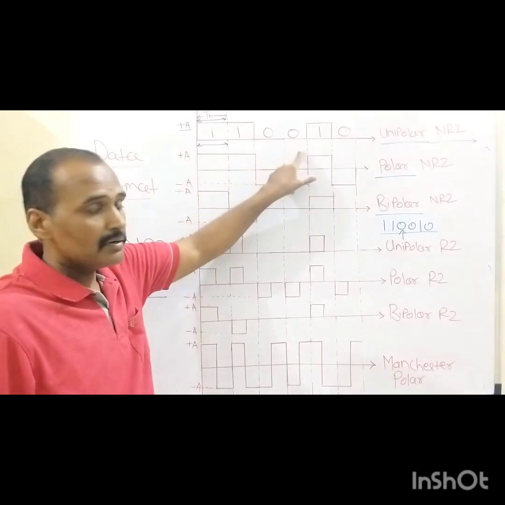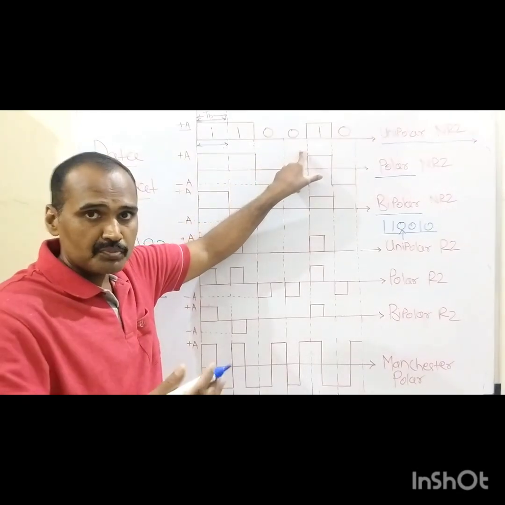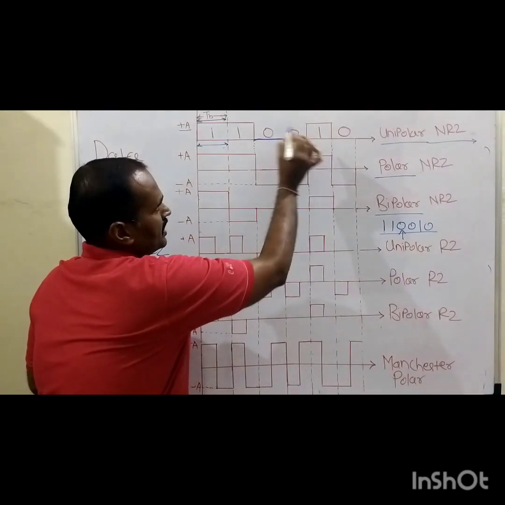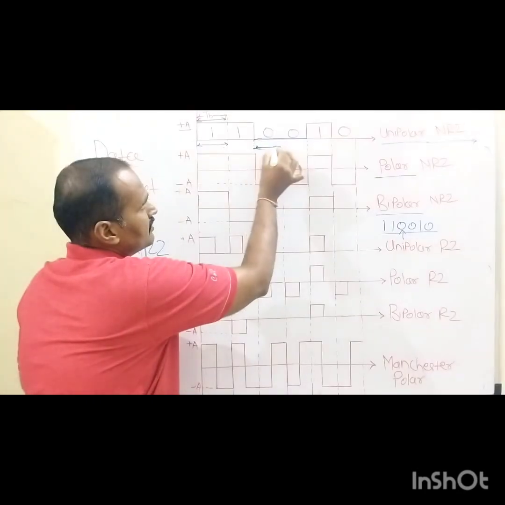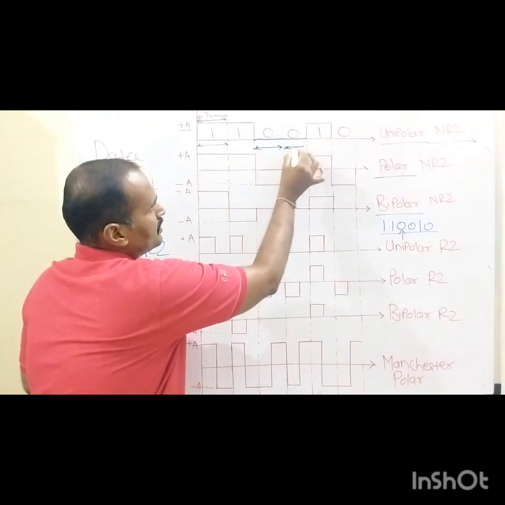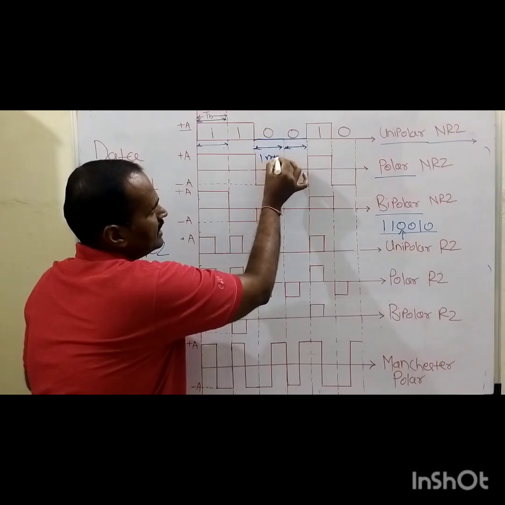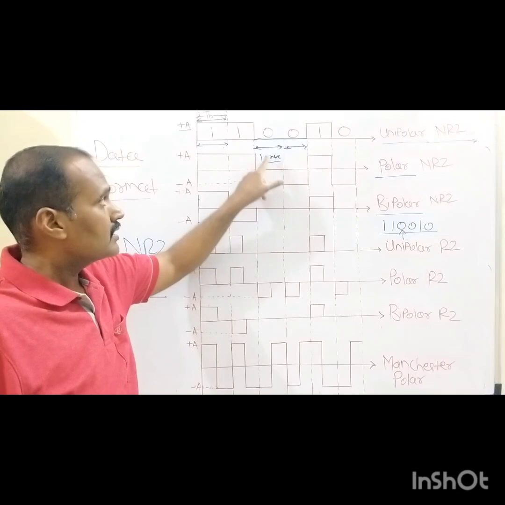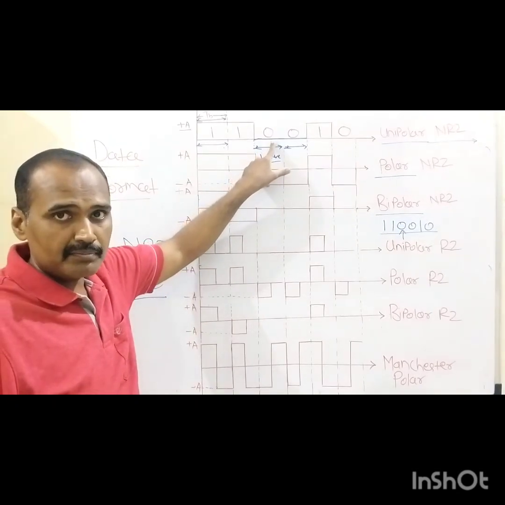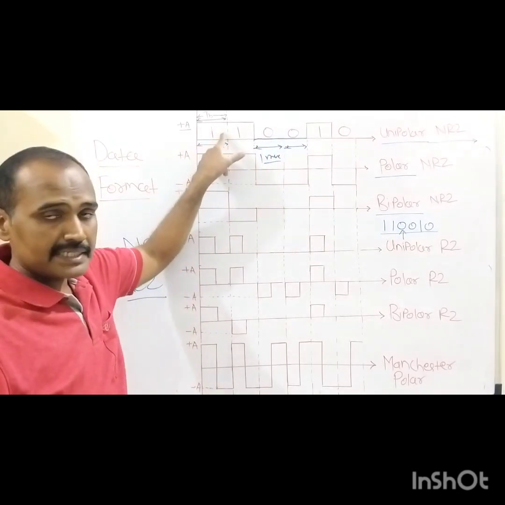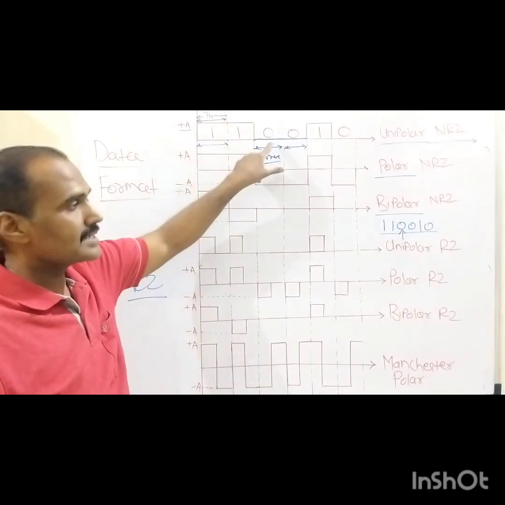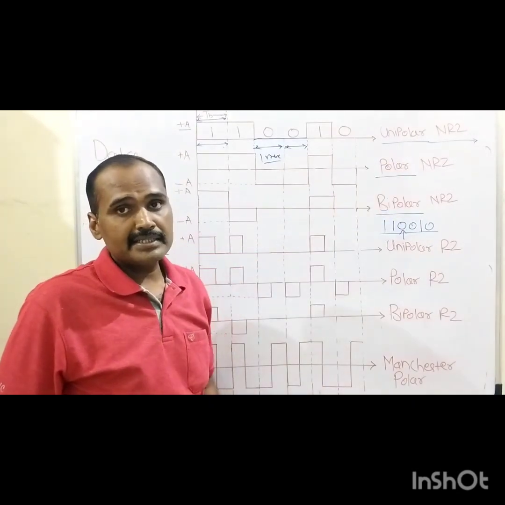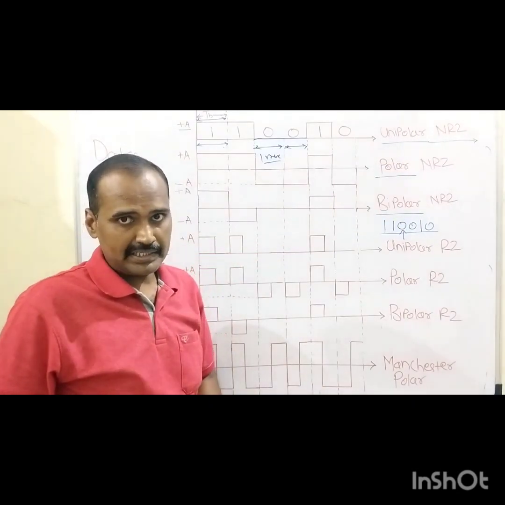After that, we have two binary 0s, so 0 volt is assigned during their bit durations. If the bit duration is 1 millisecond, then for this 1 millisecond 0 volt is assigned to represent binary 0, and for 1 millisecond plus A volt is assigned by the encoder in the case of this unipolar NRZ type of sequence.